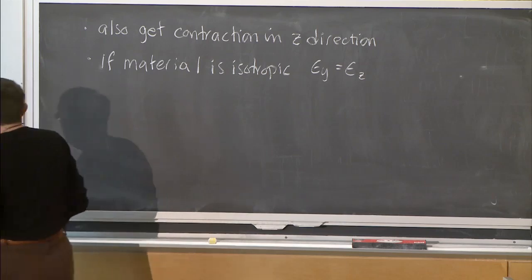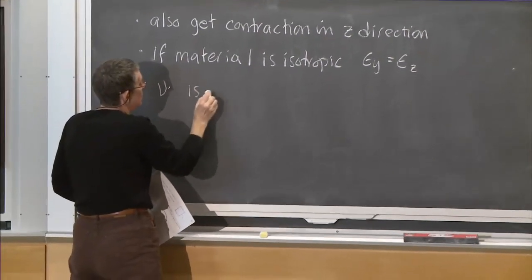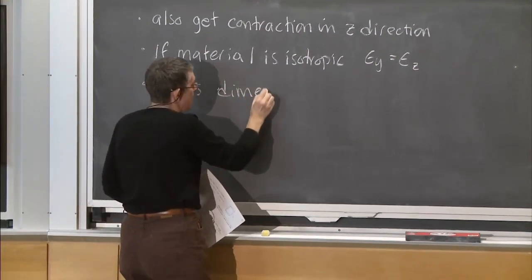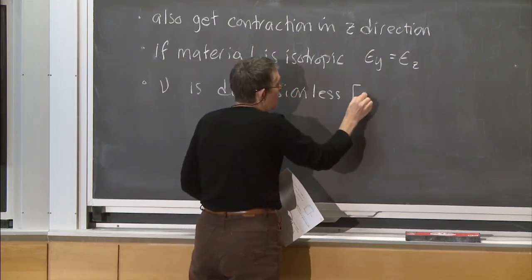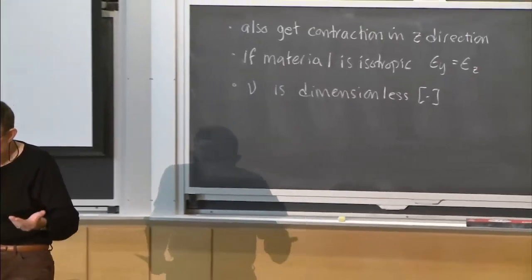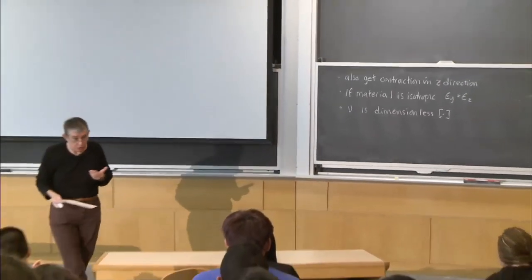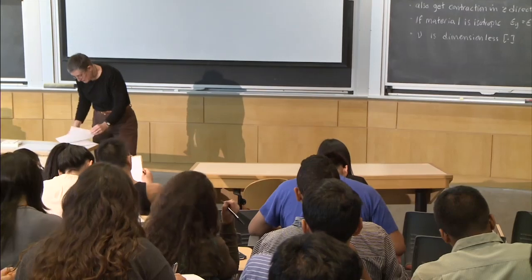Okay, and then I should also say that the Poisson's ratio, nu, is dimensionless. Okay, so strain has no dimensions. It's the ratio of one strain over another, so that's not going to have any dimensions either. So the Poisson's ratio is dimensionless.